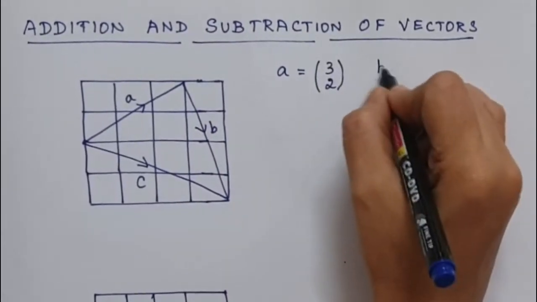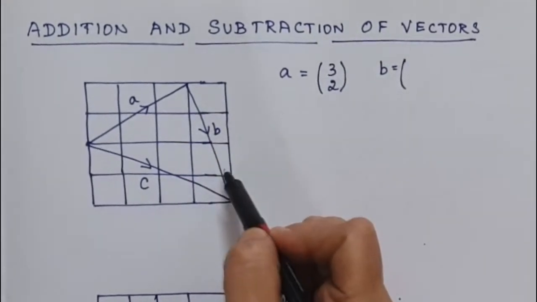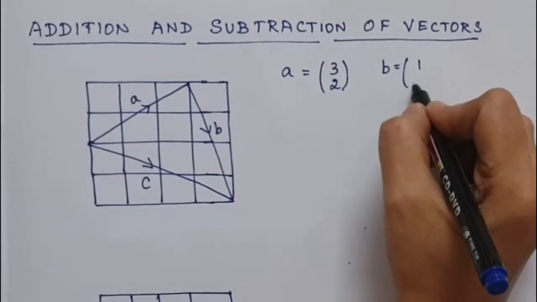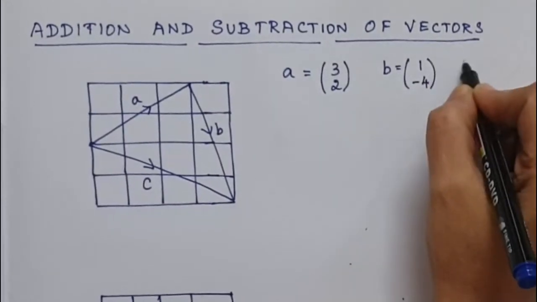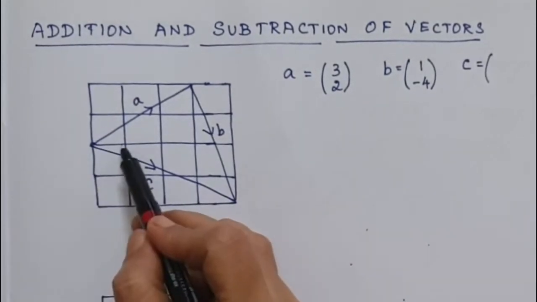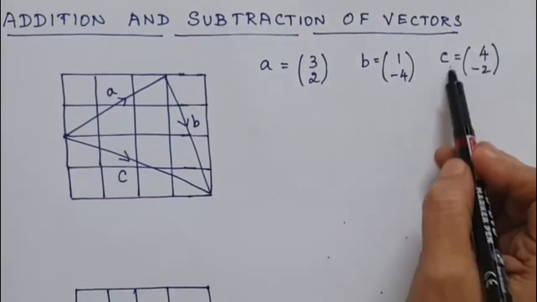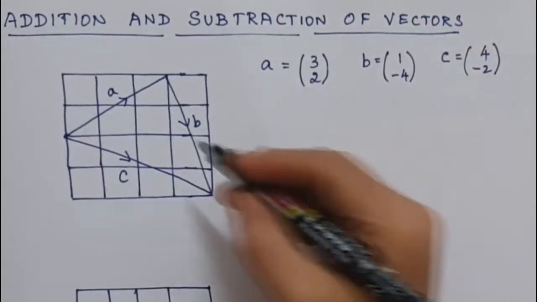And vector B is (1, -4). We have our vector C in this direction. It is 4 across and then downwards 2. The vector C is (4, -2).